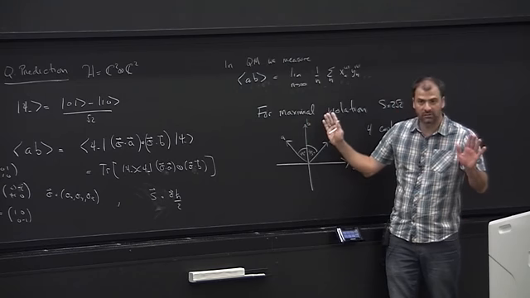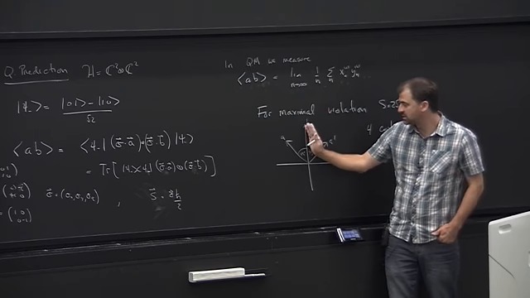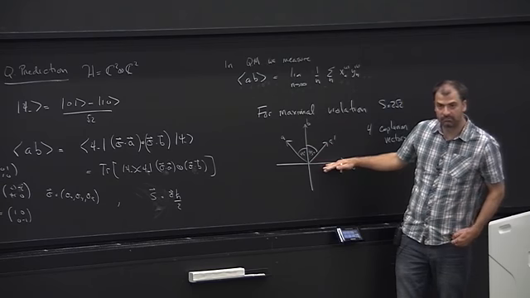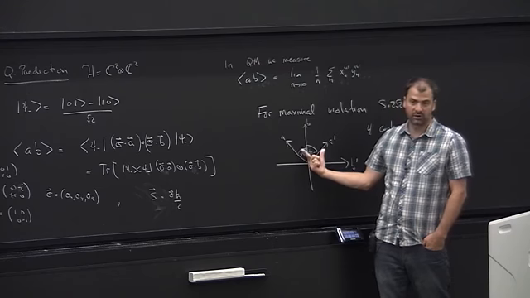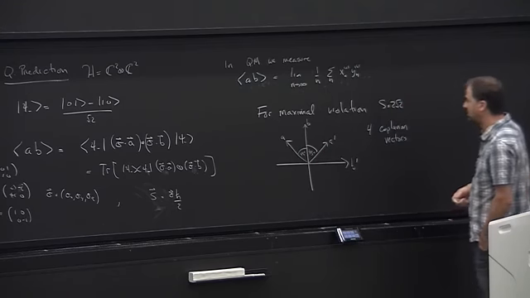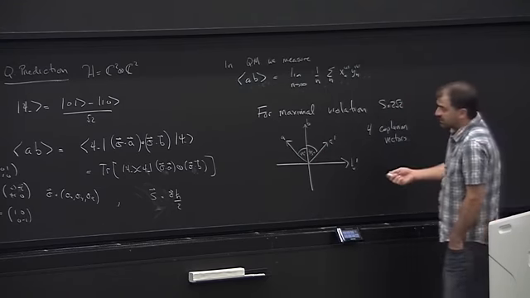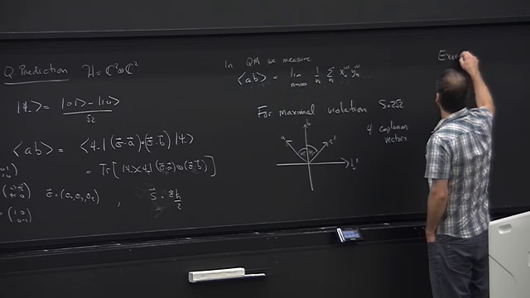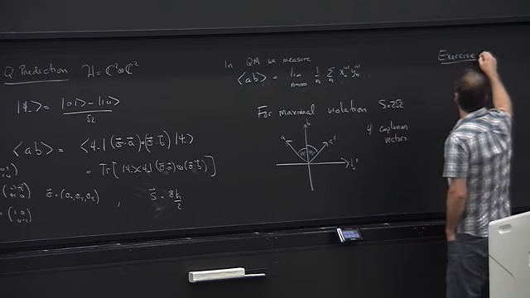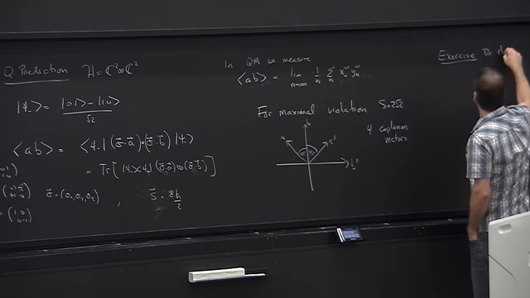They have a shared reference frame. Bob does his measurements along B or B prime. So they're both 90 degrees apart, but they're offset by 45 degrees relative to each other. And then this is a straightforward calculation. So I'll leave it as an exercise. You can do this quantum calculation.